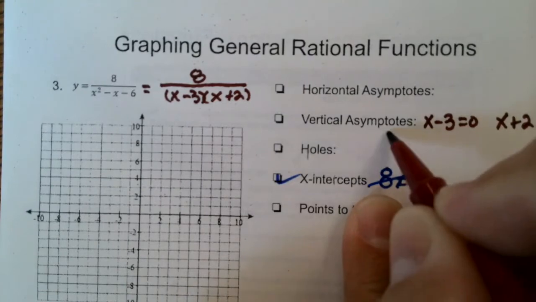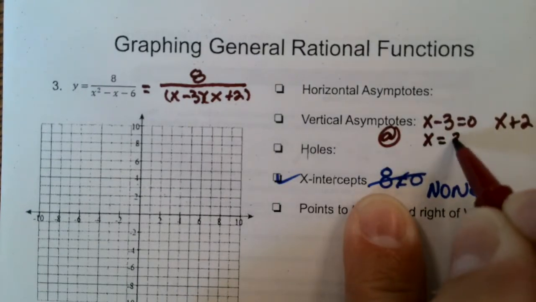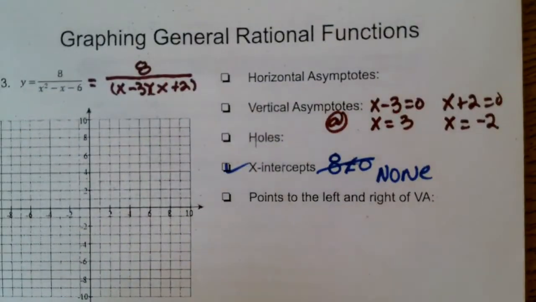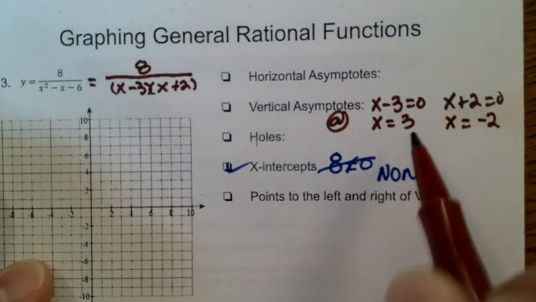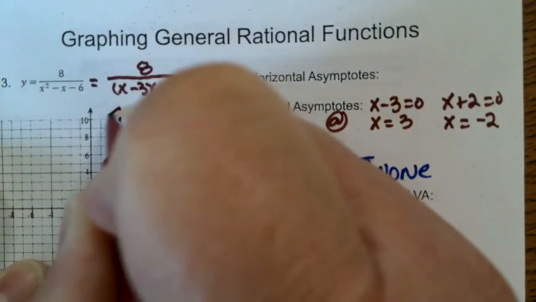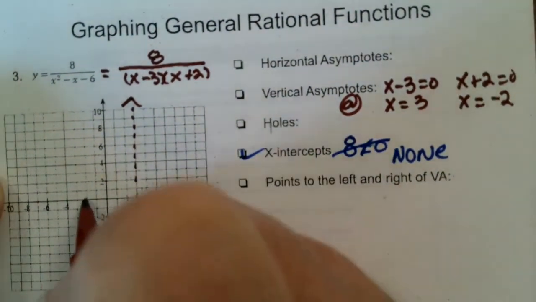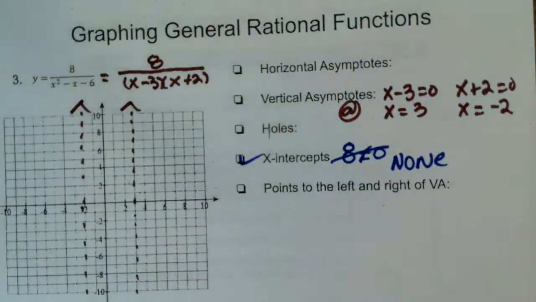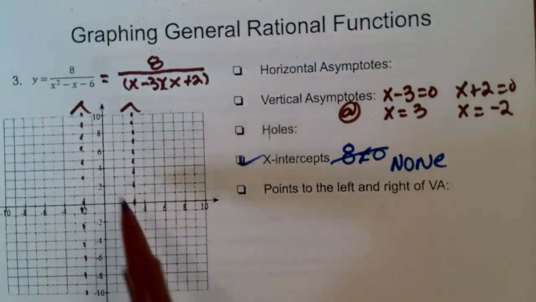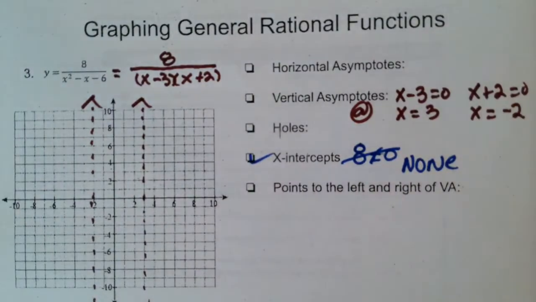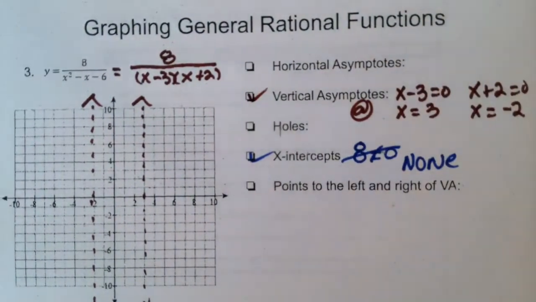So that means I have vertical asymptotes at x equals positive 3, x equals negative 2. All right. Vertical asymptotes. That is an invisible vertical line through x equals 3 and through x equals negative 2. Okay, so this is a good indicator. So our graph is going to be split up into 3 sections here. Okay, found my vertical asymptotes.